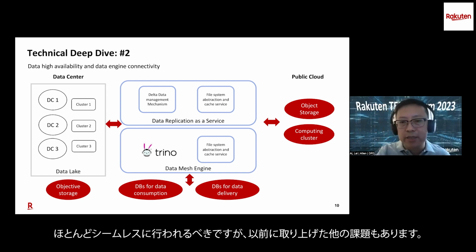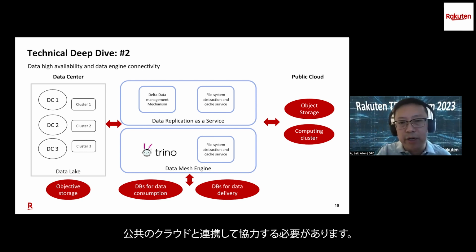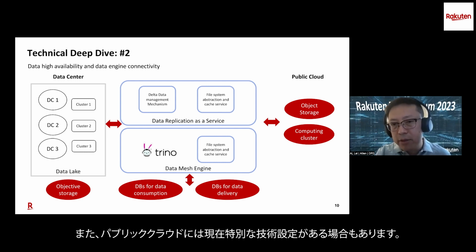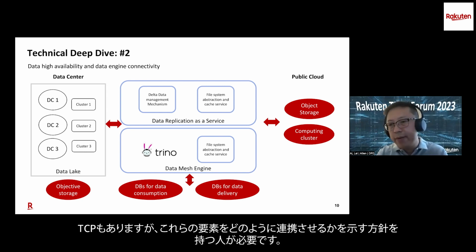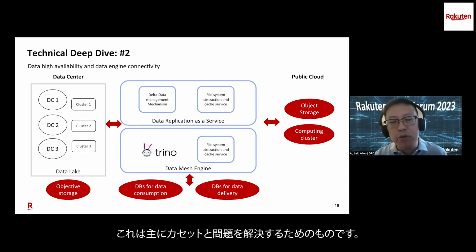As covered earlier, we also have to work together with the public cloud, which has its own special technology setup. So we have GCP, Google Cloud. How should these things work all together? There are mainly two problems.